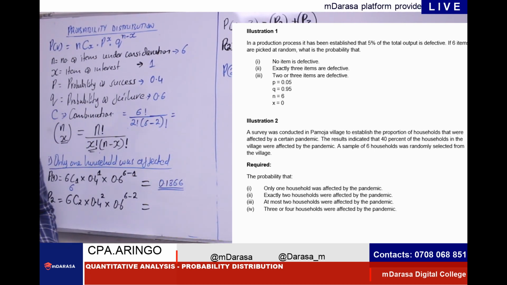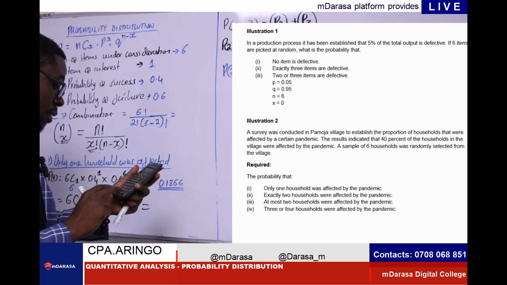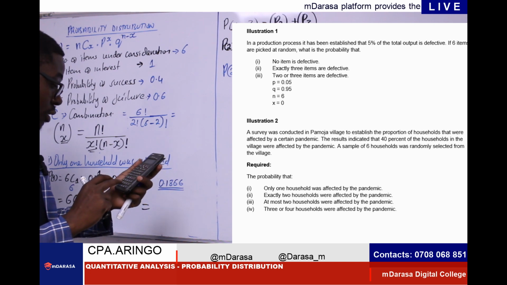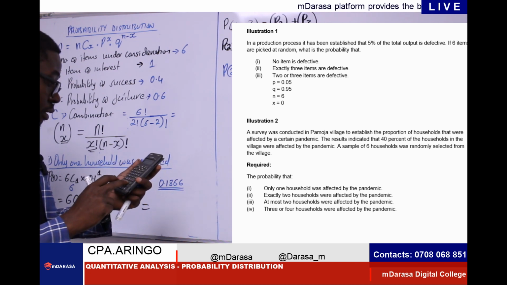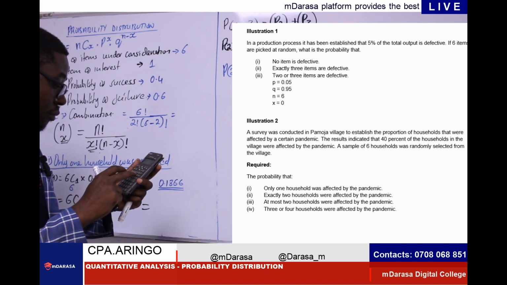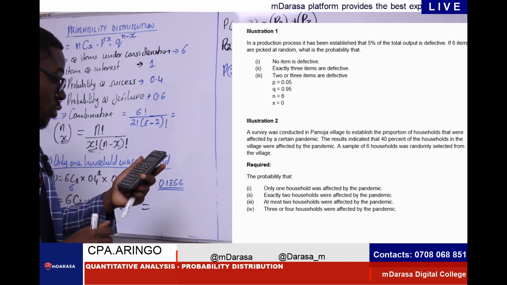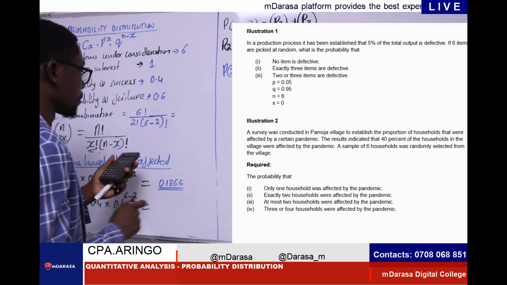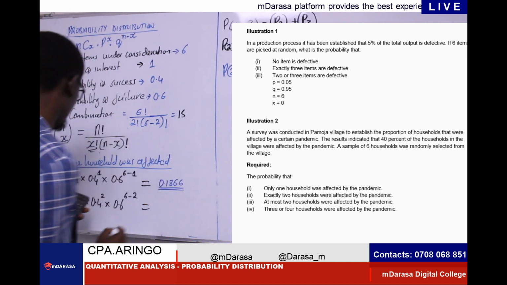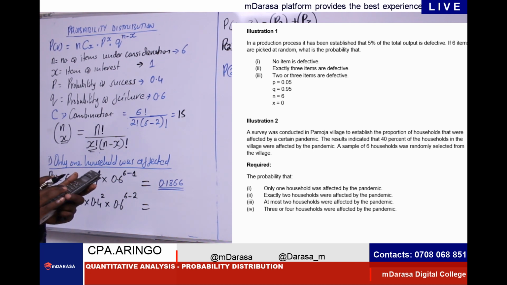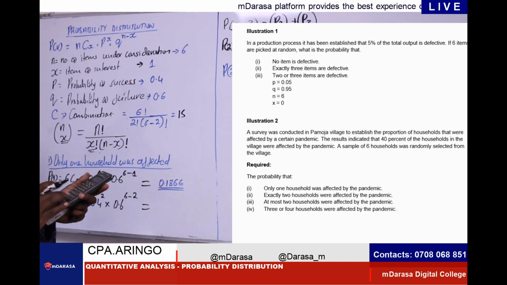My value there is 6 factorial divided by 2 factorial times, of course, 6 minus 2 factorial. That gives us 15. So we have 15 times 0.4 squared times 0.6 raised to power 4.